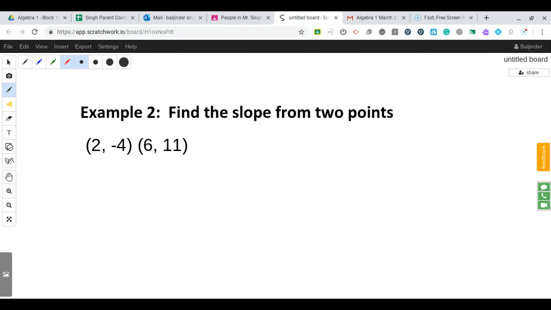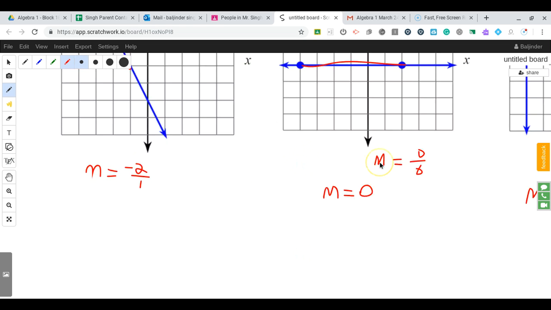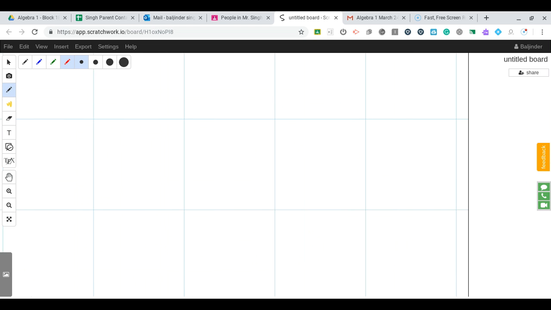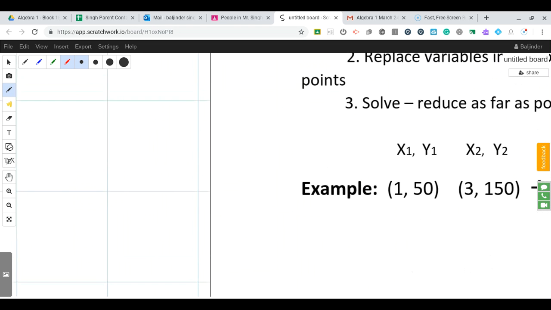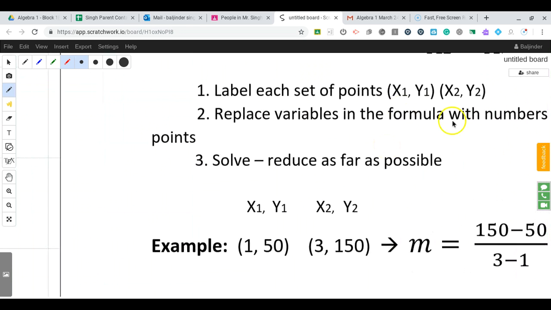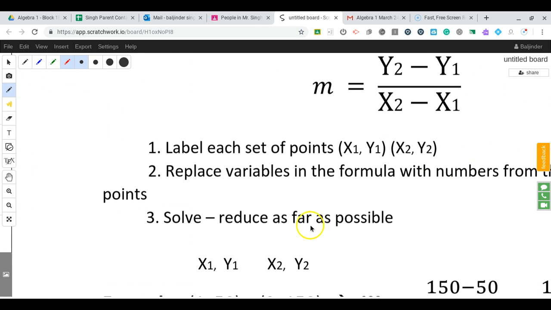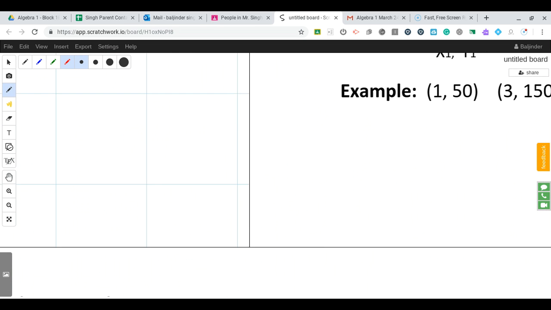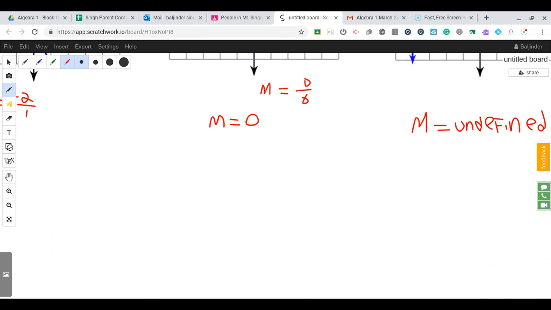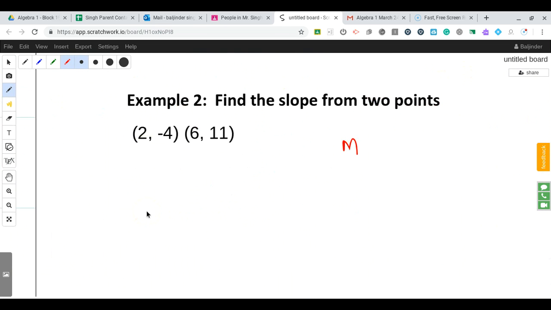Last, if you remember, we have 2 points, and we're going to use the formula I mentioned above here in your notes: y2 minus y1 over x2 minus x1. So let's go down and find that example.